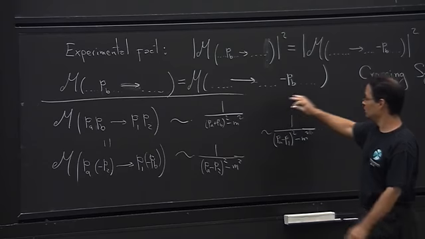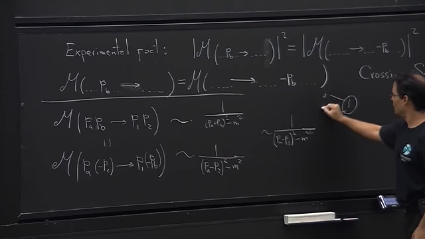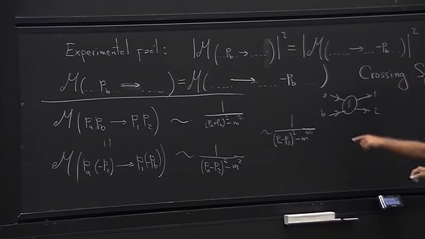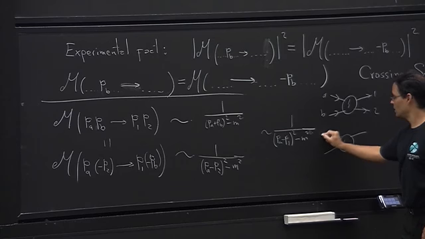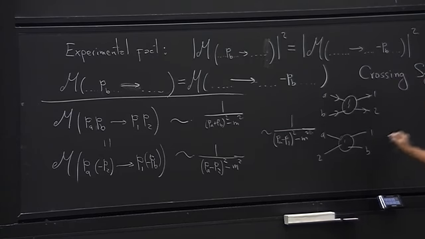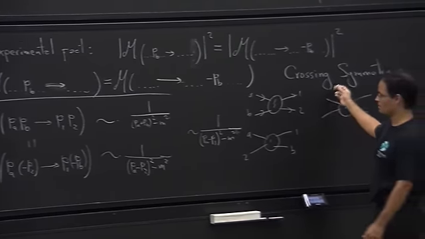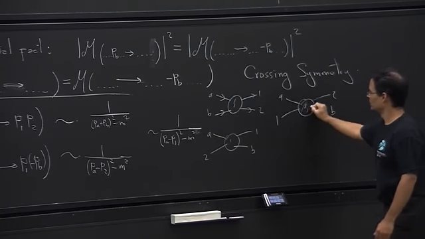Let me draw what this looks like. So we have A and B, 1 and 2 coming out, or we also have here A and 2, 1 and B, or we also have A and 1 and 2 and B. Okay?